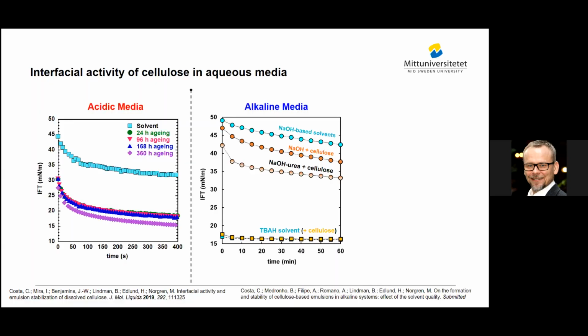And if we look at some things that relate to these interfacial properties, which tell things about cellulose amphiphilicity, we can look first to the left on the acidic media, where we have used phosphoric acid, which is really harsh conditions to dissolve cellulose.